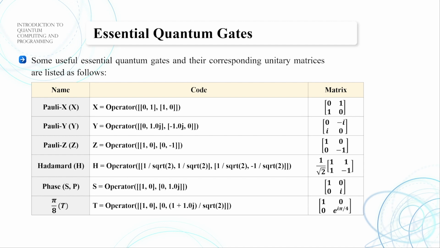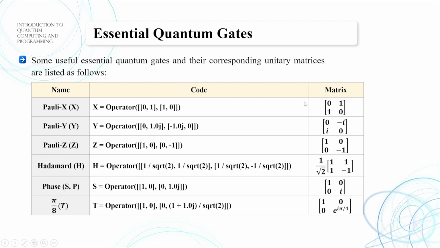If you see the screen, each gate has a corresponding matrix. Here we have the Pauli X gate, with the corresponding code X equal to the operator, a matrix with 1 and 0.